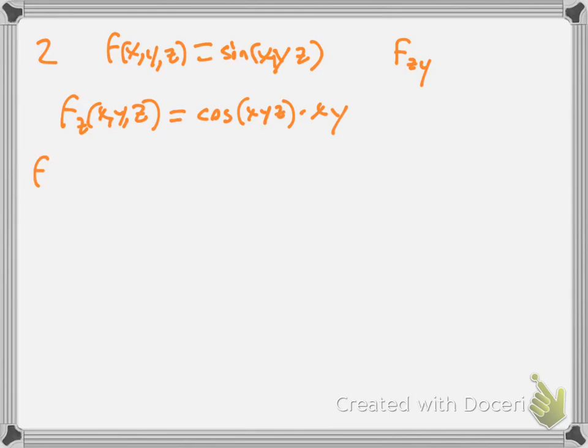And now the f_zy is basically the derivative with respect to y of that thing over there, which is equal to, well, now we have a product of two functions and both functions depend on y. So now we should use the product rule. So first I have to take the derivative of the first term. So the derivative of the cosine is minus the sine.